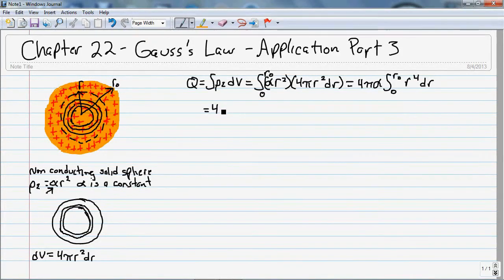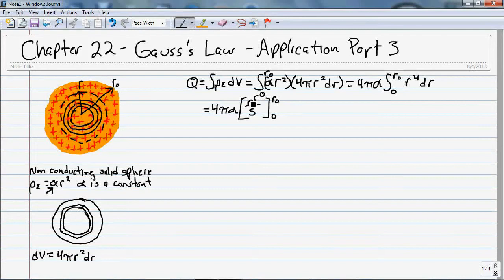Now, the integral of r to the fourth is r to the fifth over 5, evaluated from 0 to r naught.